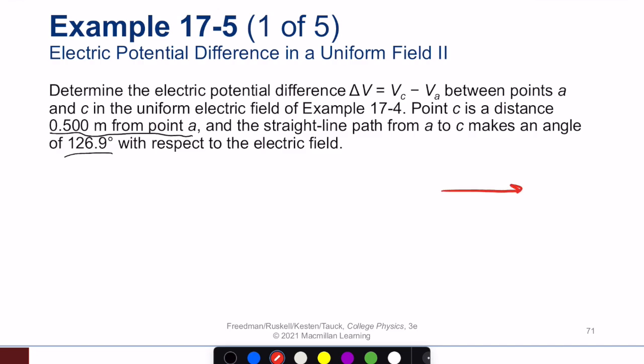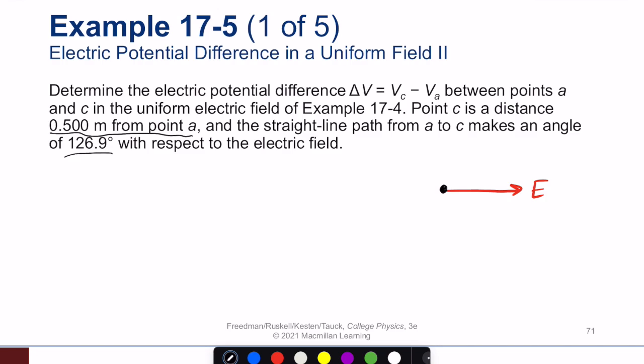So we have the same electric field as in the previous example, right? Points to the right. Point A is somewhere in that electric field. And now we have point C, which happens to be 126 degrees with respect to the electric field.